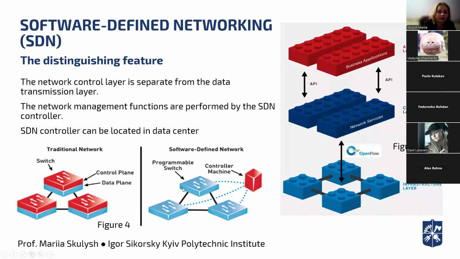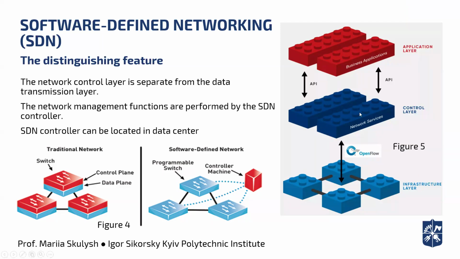So we have a programmable switch, a switch that receives information from the controller on how to transmit the flows, and this is used for transmission. But what does controller machine mean? Maybe somewhere we'll see the structure of this controller.